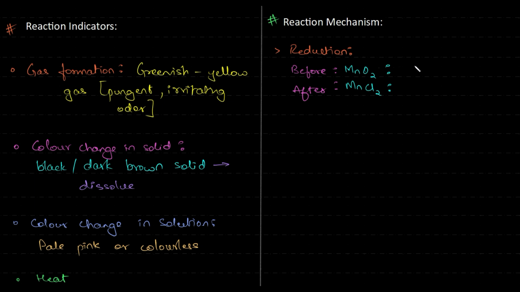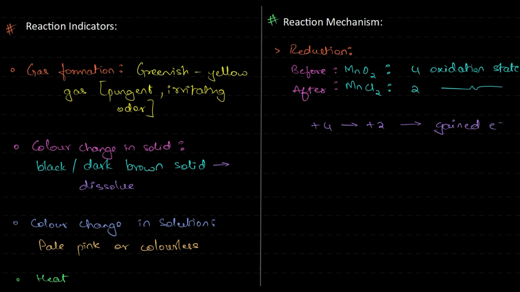So we went from, or manganese went from 4 oxidation state to 2 oxidation state. What does it mean? So it gained electron. Since we are moving from 4 to 2, how is this possible? It gains or gained electron.